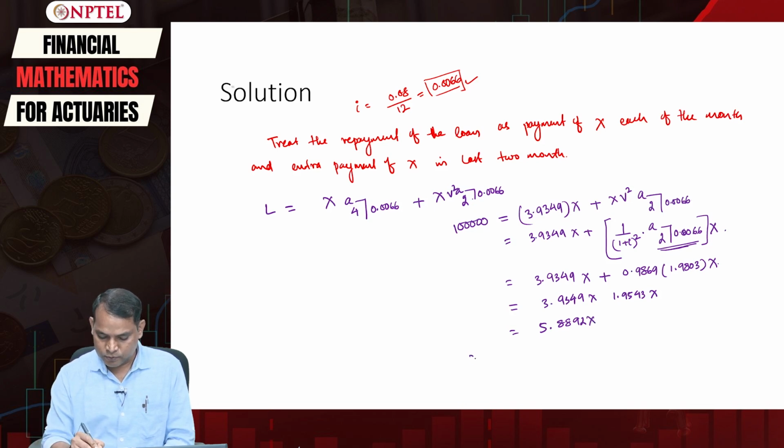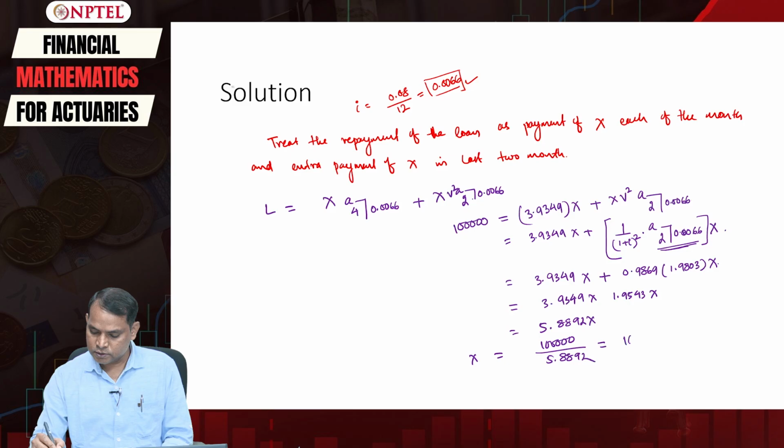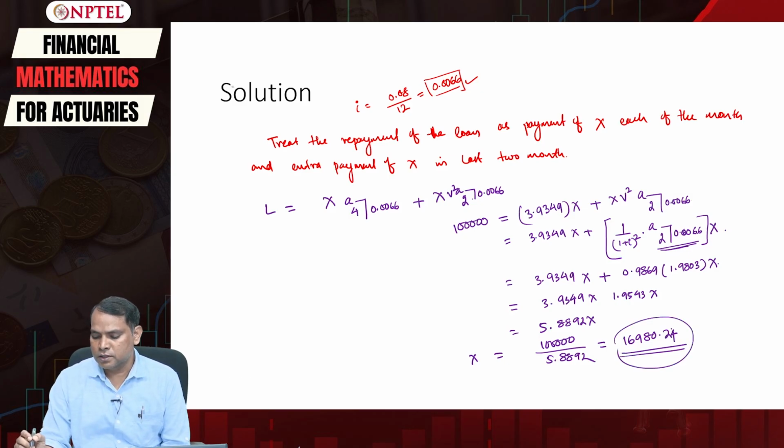And now we can compute x as equal to 1 lakh by 5.8892, that is equal to 16,980.24. Okay, so x is now 16,980.24.